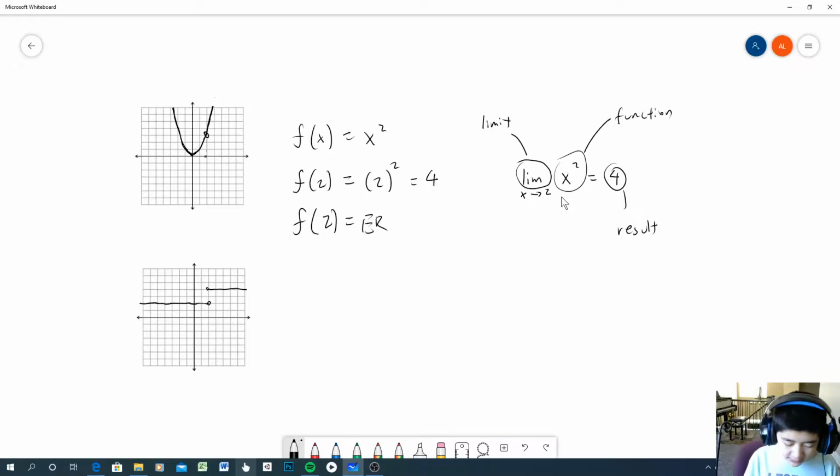Okay, now let's get on to another problem, another thing about limits. Last time, we were approaching the value from both sides. What do I mean by that?